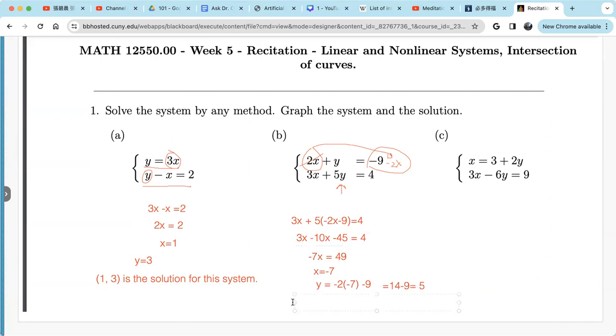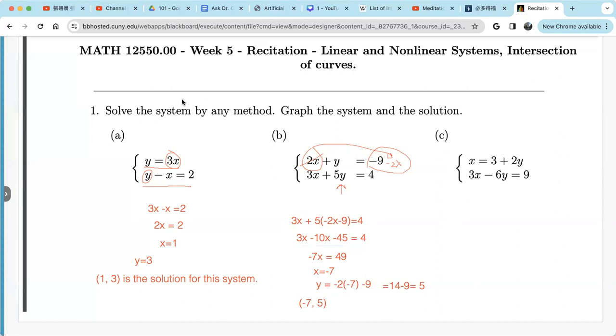So a solution for this system is a point, x value first, y value second. So the solution is (-7, 5). We're going to graph the system, but let's solve first, then we graph.